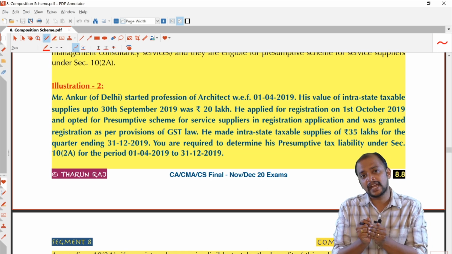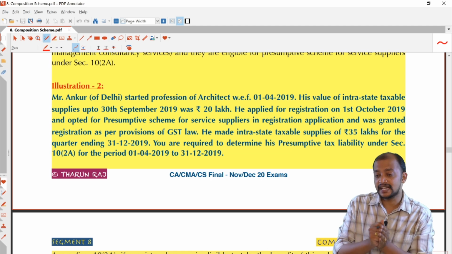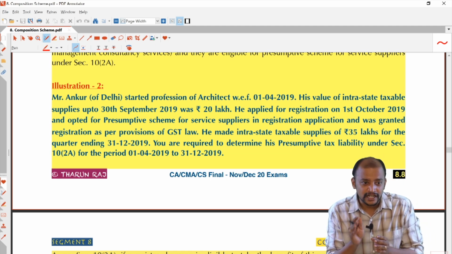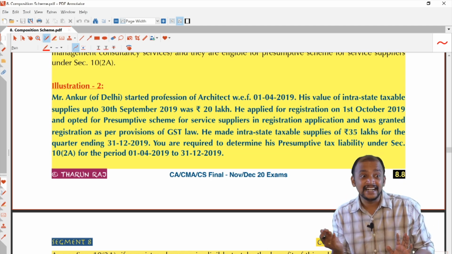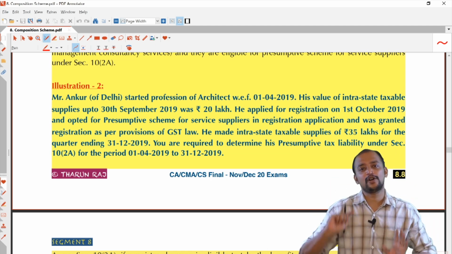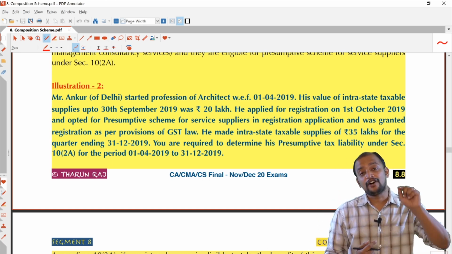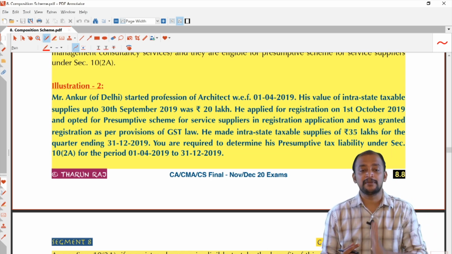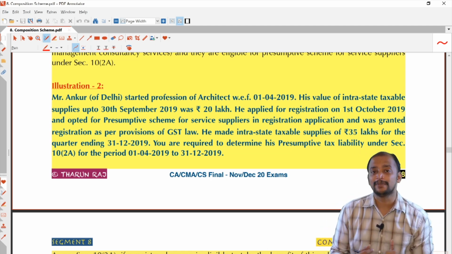So no need to make an application separately for composition scheme. Whereas in case you already got registered, at that time you don't want to enter into composition scheme, and at a later point of time you want to enter into the composition scheme, for which you need to make an intimation in CMP-02. There is one form, CMP-02. In that CMP-02 you need to make application.